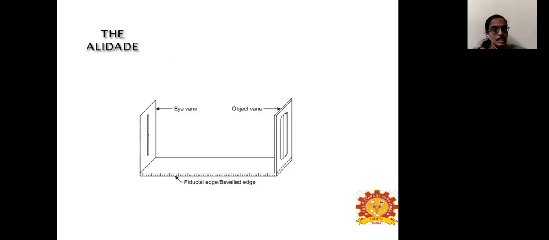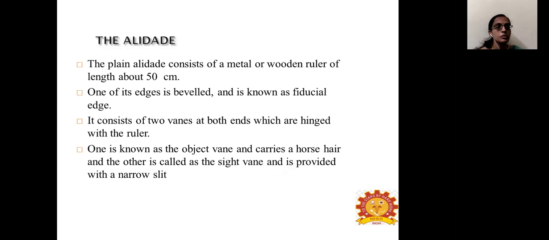So this one is the alidade. This one is the eye vane. This is known as the eye vane because you are looking through it with your eye. This is the object vane. Here a hair-like structure is there, and it has to intersect the ranging rod or the desired structures to be measured.